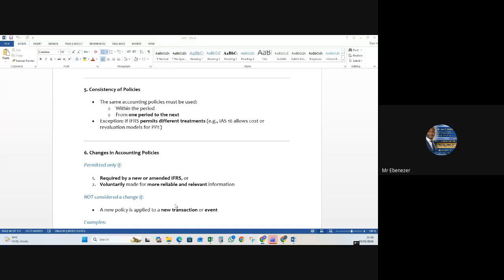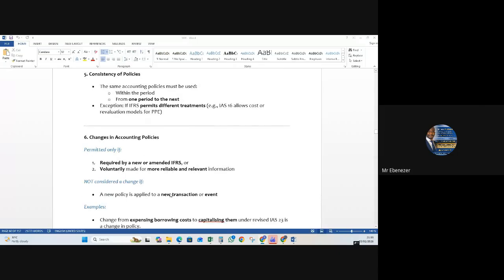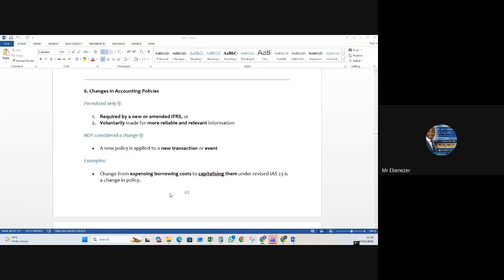Now, there are some things that are not considered a change in accounting policy. For instance, if a new policy is applied to a new transaction you didn't have before. For instance, you don't have any lease in your accounts before.